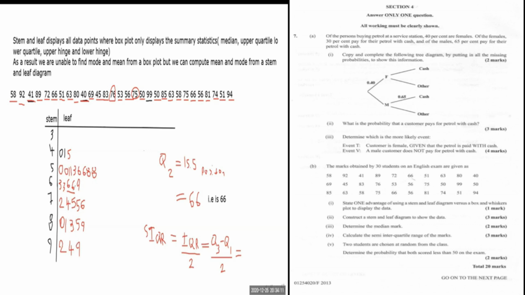So it's going to be the 8th term from here. 1, 2, 3, 4, 5, 6, 7, 8. So this is Q3. Q3 is 80 minus Q1.